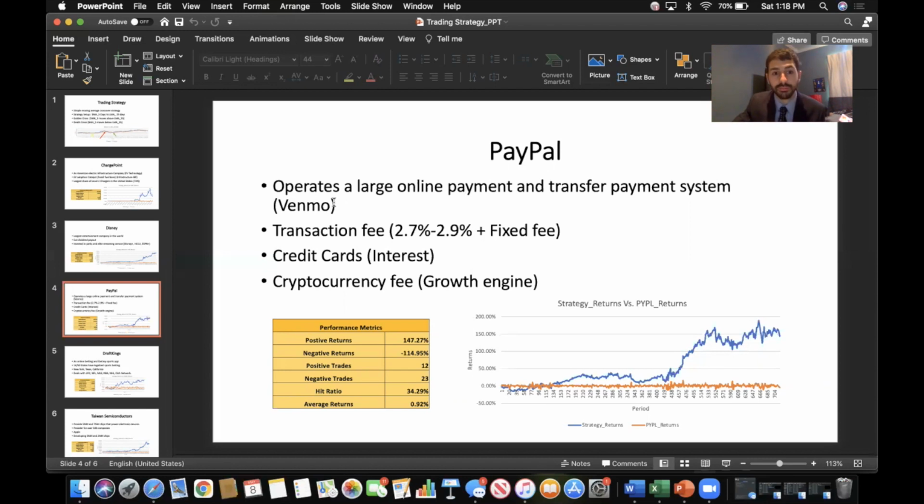Venmo alone brings in revenue for PayPal of about $1 billion. So that's really nice. Plus, PayPal makes their money on transaction fees, credit card interest, and fees. Plus, really, cryptocurrency is what's going to help this company, according to the CEO. He called it a growth engine. So if you invest in cryptocurrency, you should know that there is a transaction fee. Bitcoin, Ethereum, Litecoin, they all have their own type of fee. So this will help the company.